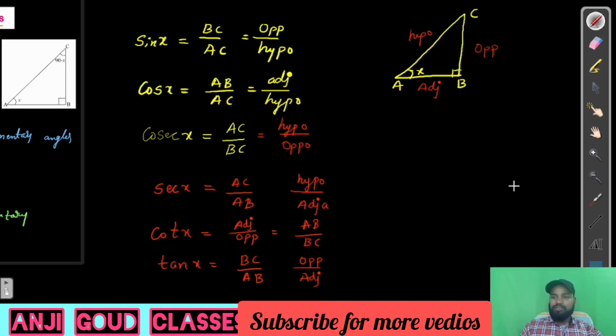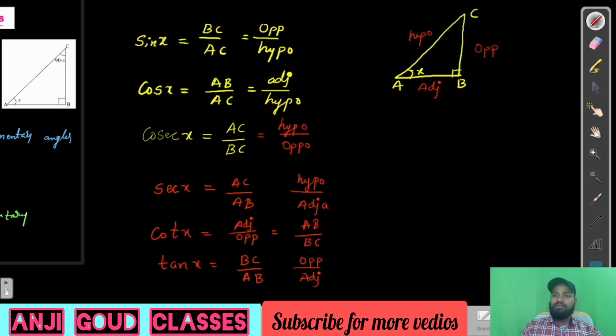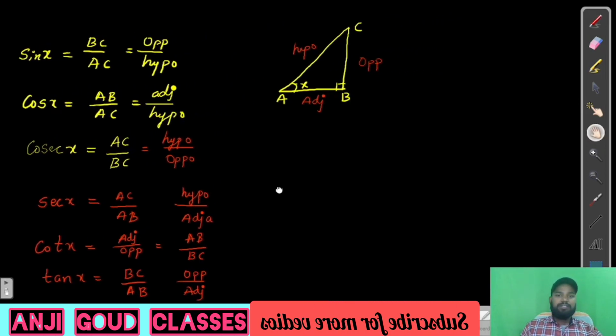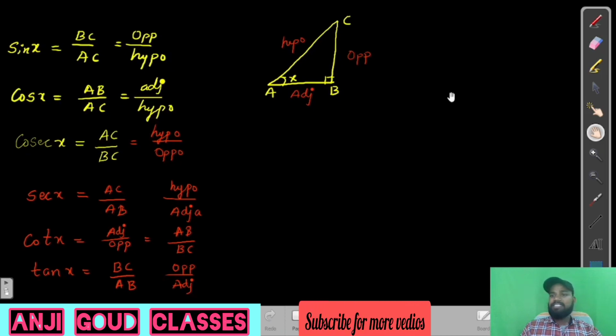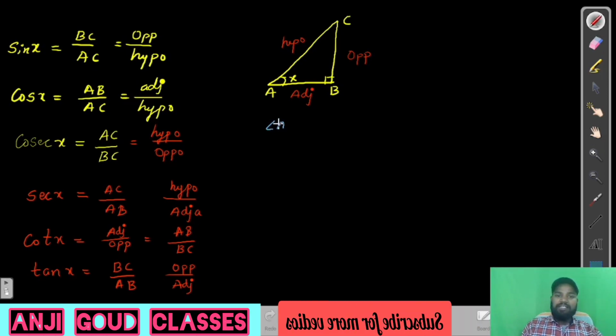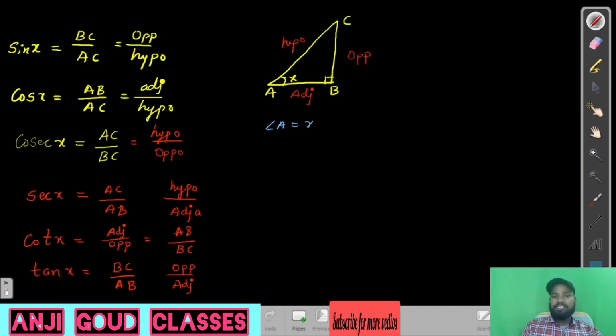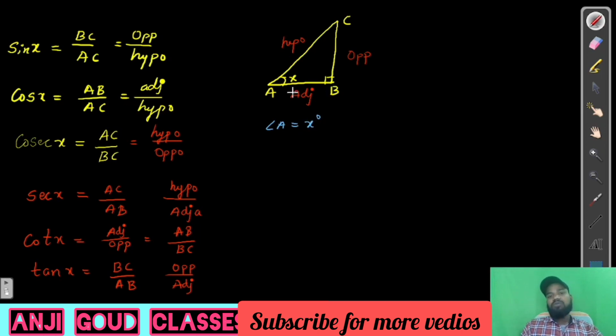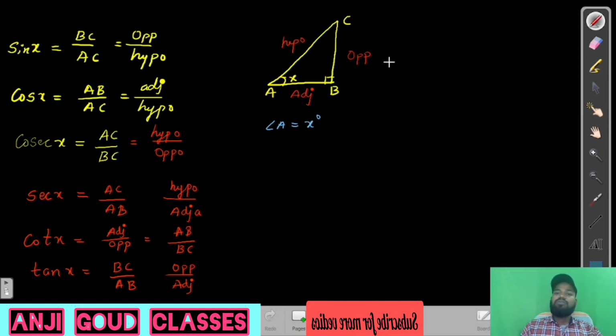So these are the things we find with respect to angle x. Now don't get confused, it is very simple. Now we have to find, here angle A is given. Angle A equals x degrees. So what about angle C? How to find angle C?